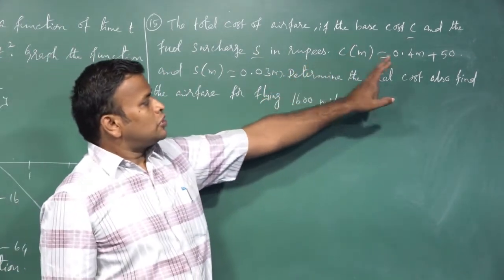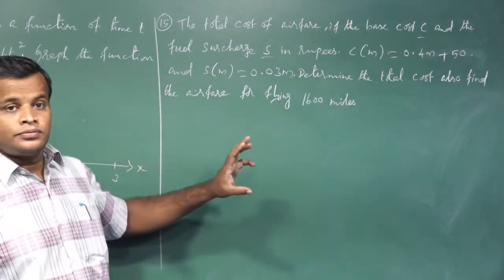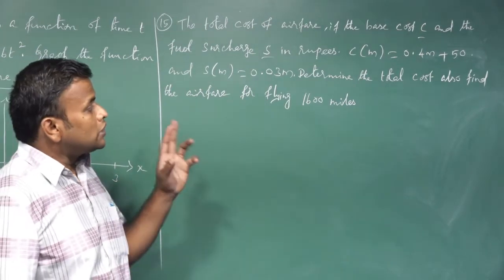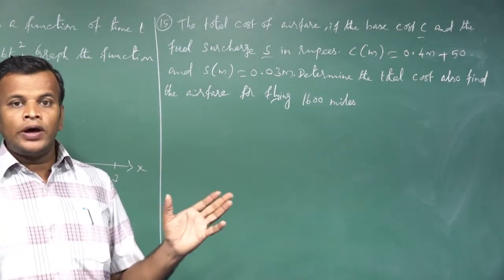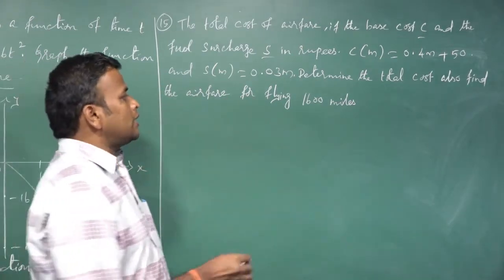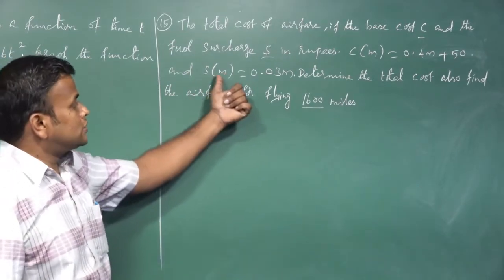If C of m is 0.4 m plus 50 and S of m is 0.03 m, then the question is to determine the total cost. Also find the airfare for flying 1600 miles.